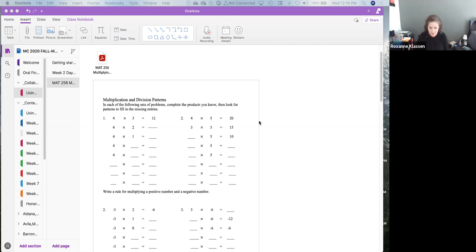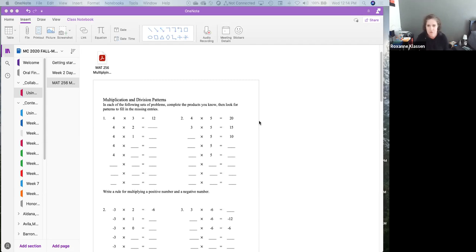Okay, so this is what I want you to do. It says, in each of the following sets of problems, so we're looking at problem 1 vertically, complete the products, then look for patterns to fill in the missing entries.